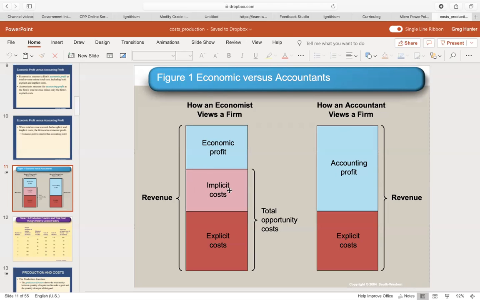Because if you don't invest in GM, then you could take your money instead and invest in some other company, right? Yeah. And so part of the cost of investing in one company is giving up the opportunity to invest in another. So economists just have a special way of thinking about profit.